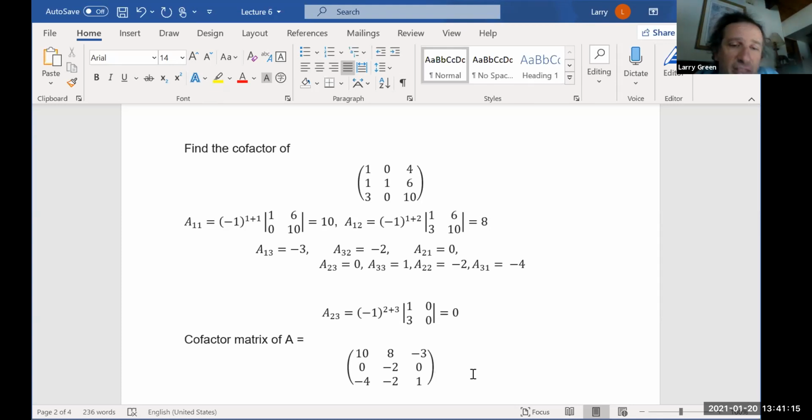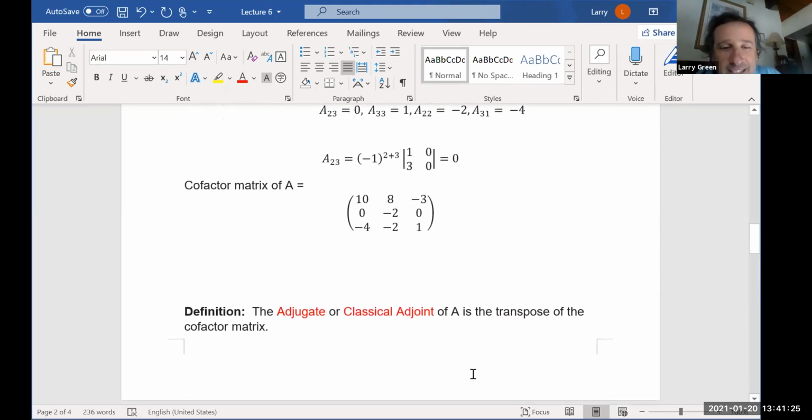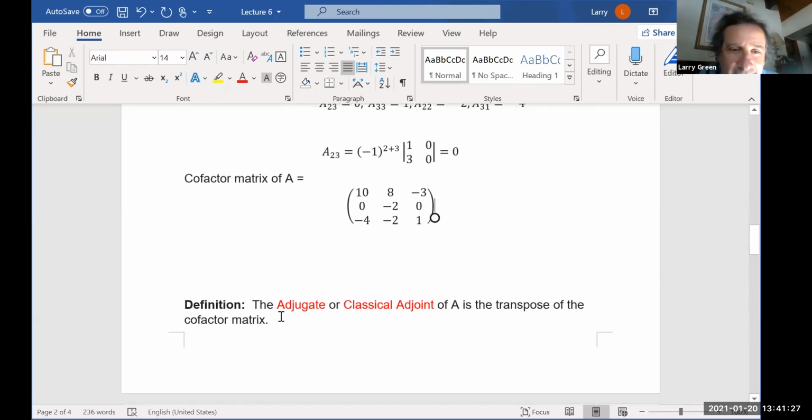Okay, it turns out this is not the matrix that we're going to want. But the good news is the matrix that we want, you don't have to do too much more. And let me give you the big definition of the one we want. The book gives two different names, adjugate or classical adjoint. Maybe because I'm old, I learned the classical name. I always called it the adjoint.